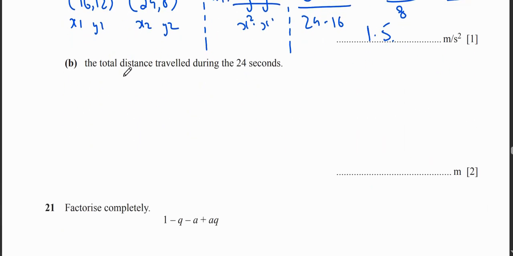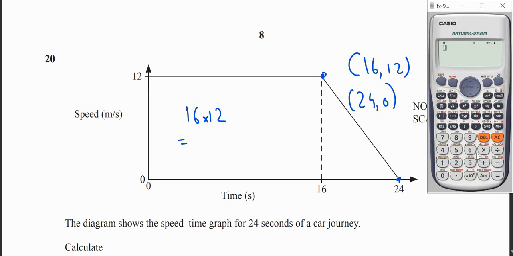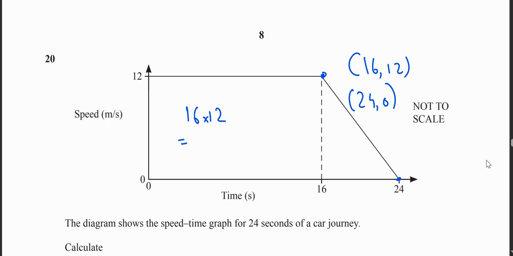Next question says the total distance traveled during the 24 seconds. So look, first find the area of this part. In order to find distance, you just find the area. So you will do 16 multiplied by 12, which is 192.